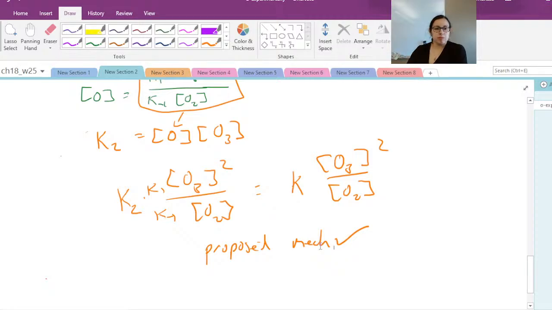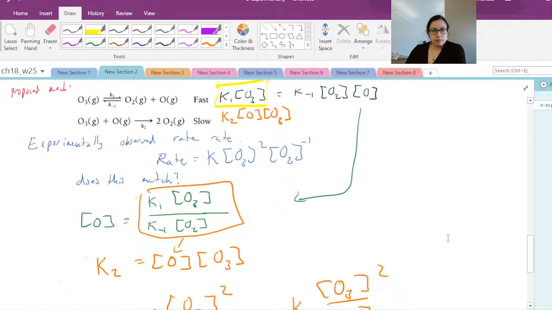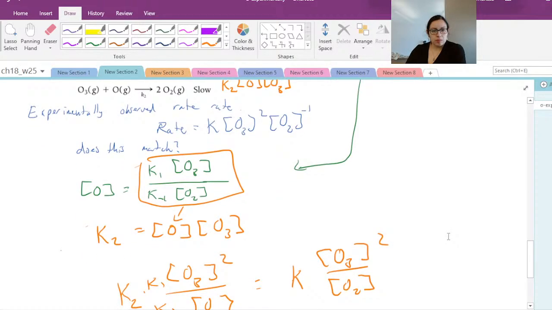Yeah. Just one clarification. The K value in the overall reaction, will it match the second step's K value, or is it kind of like the concept of C can mean any number in calculus?